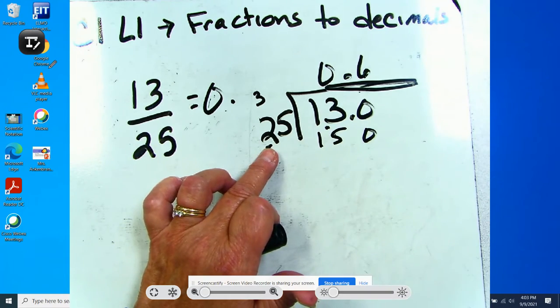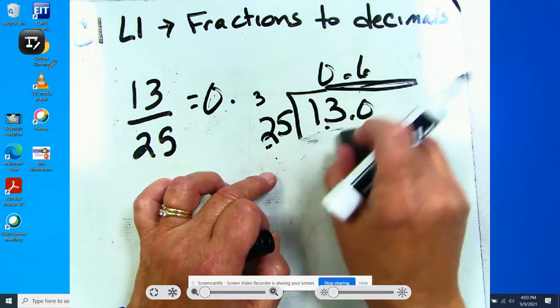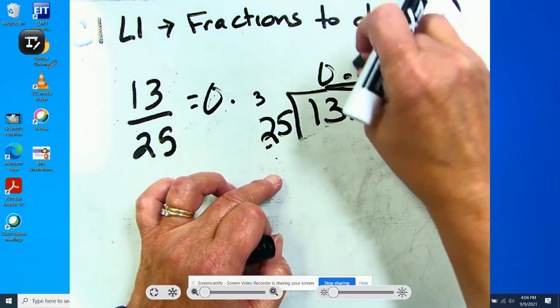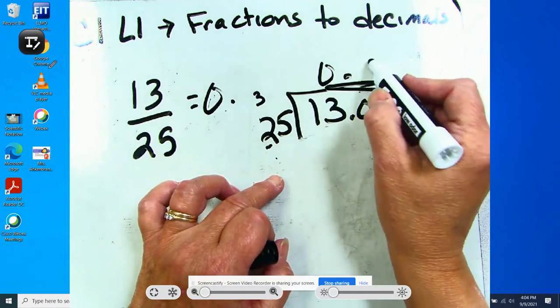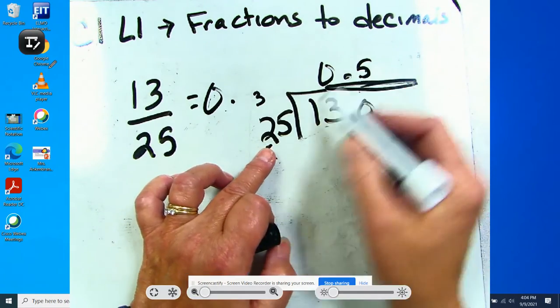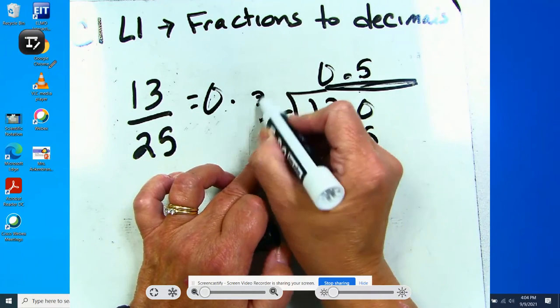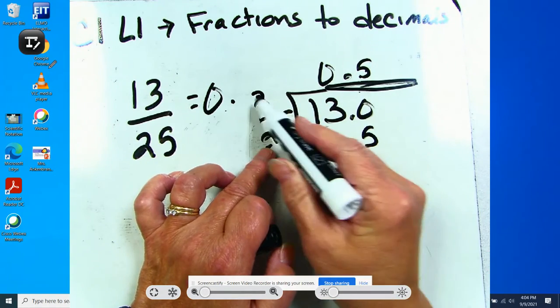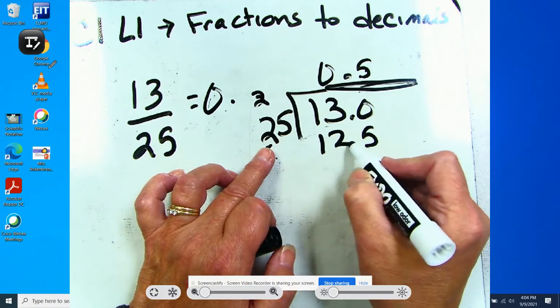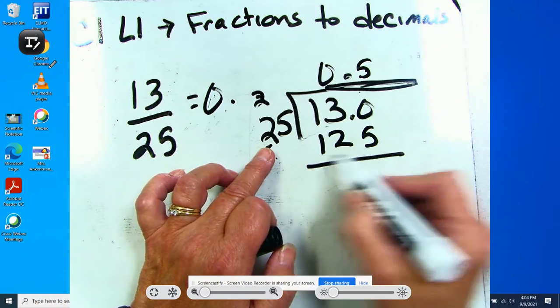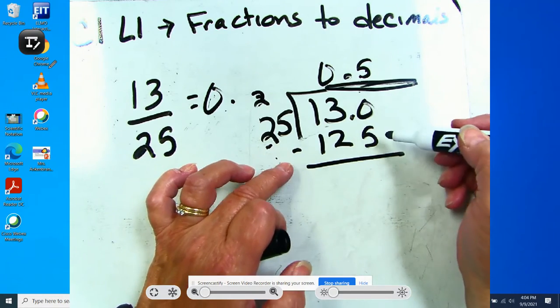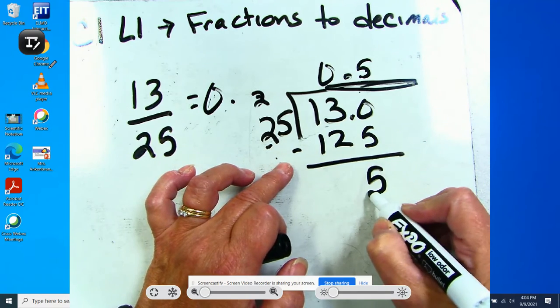Okay, so that's too much. We have to go backward one. So we are going to change this from a 6 to a 5. 5 times 5 is 25. 5 times 2 is 10, plus 2 is 12. And we will subtract. So 130 minus 125 will be 5.